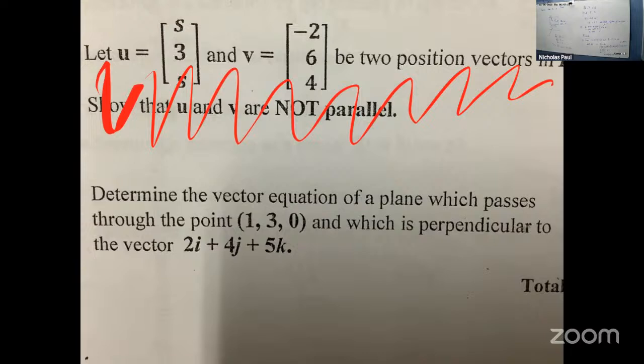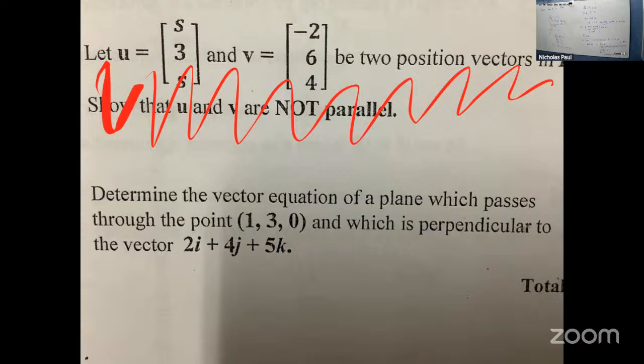Okay, 2014 number 4 part C. Right, so identify with A and identify with N, and you're done.